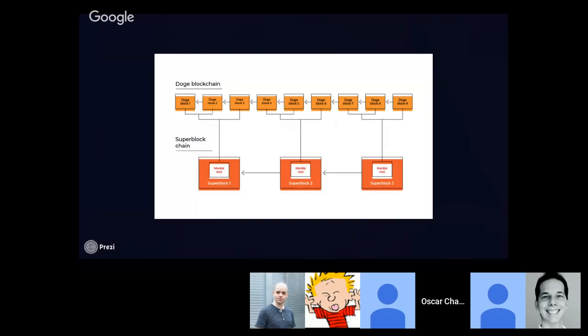All the blocks that are created during 1 hour are put in a superblock. Then you have a super blockchain that is similar to a blockchain, but just with the superblocks. And so just a summary of the superblock is sent to the contract. Technically, it's the Merkle root of the Dogecoin blocks.